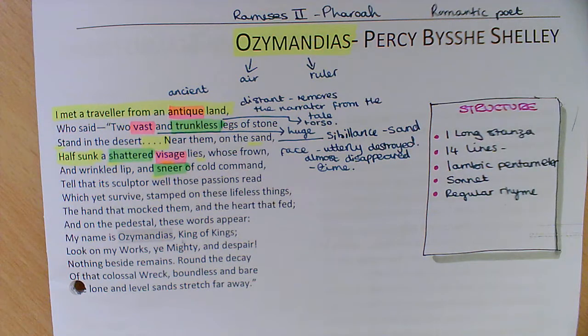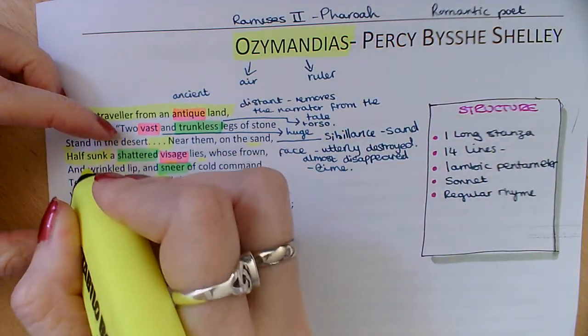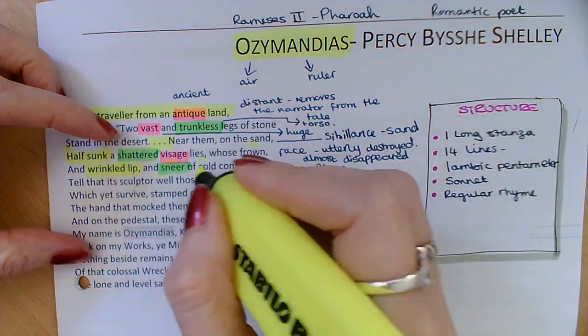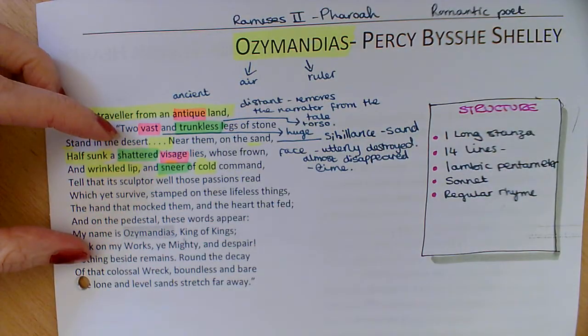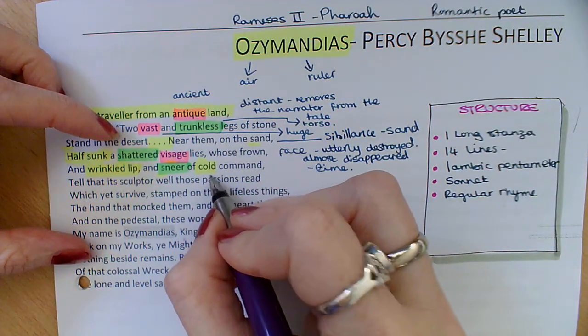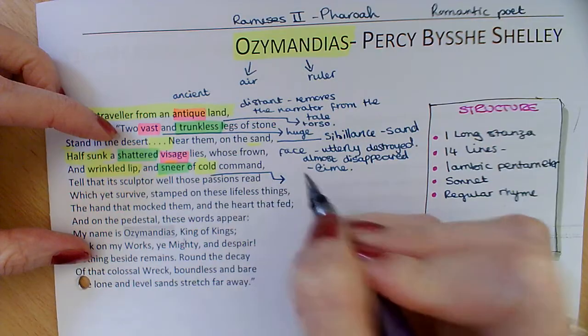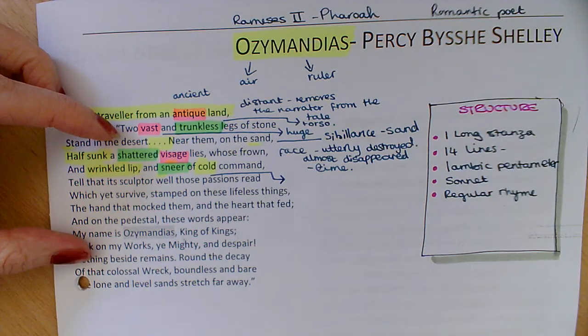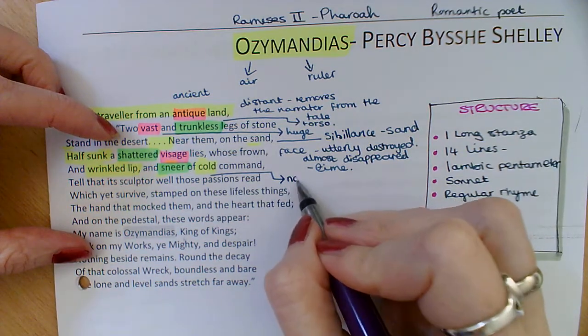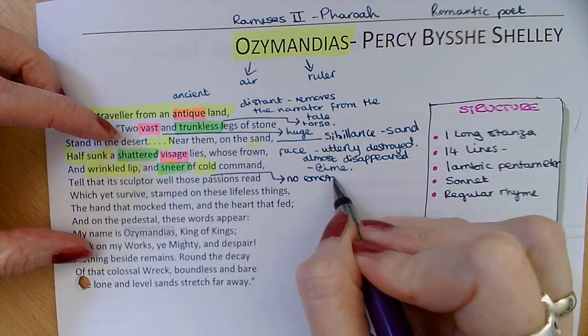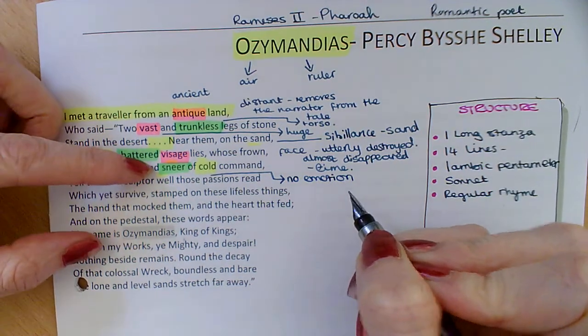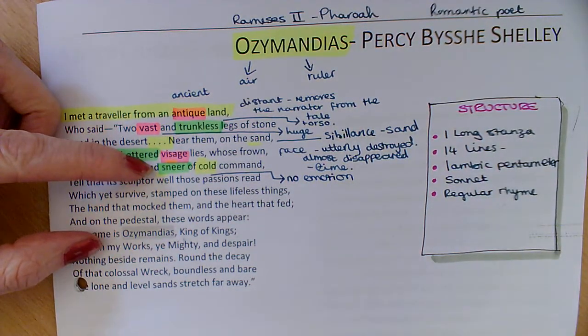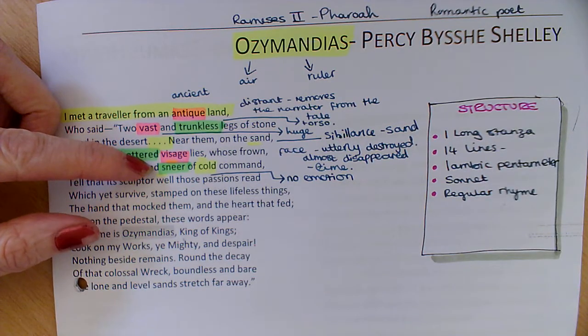Okay, so let's have a look at that cold command there. So he's wrinkled his lip, which is pretty negative, and then we've got cold command. What would that suggest about him? Yeah. When he gives commands, there's no emotion. But we've got that word sneer. If you're sneering at somebody, what do you think of them?